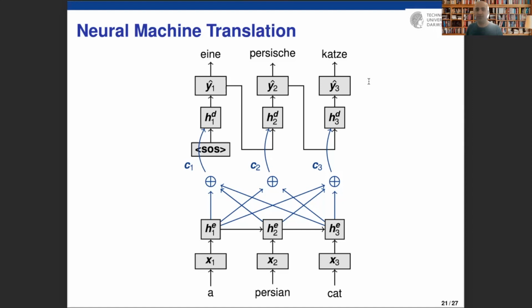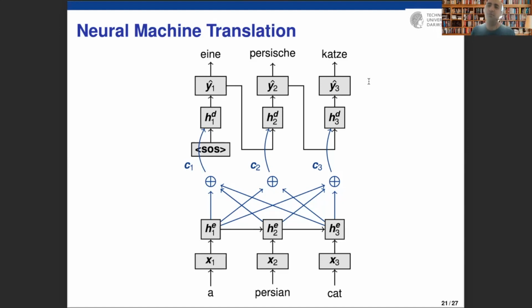Okay, let's talk about different applications. Probably the most obvious application is neural machine translation, in which we are given a piece of text like "a Persian cat" as the input in English, and we want to translate it into the German phrase "eine böse Katze."